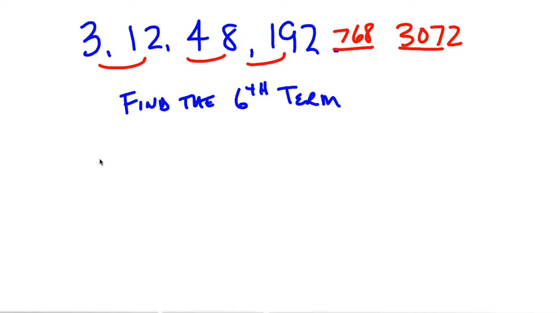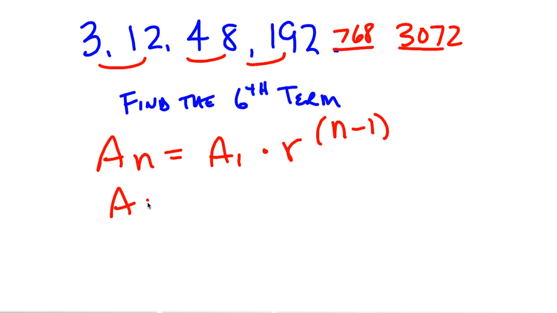On the test, you can normally just use your calculator to get to what they want. You don't need the formula unless they're asking for a term that takes too many steps on the calculator. In the geometric sequence, the formula is a sub n is equal to a sub 1 times our common ratio raised to the power n minus 1. Let's find the 6th term.